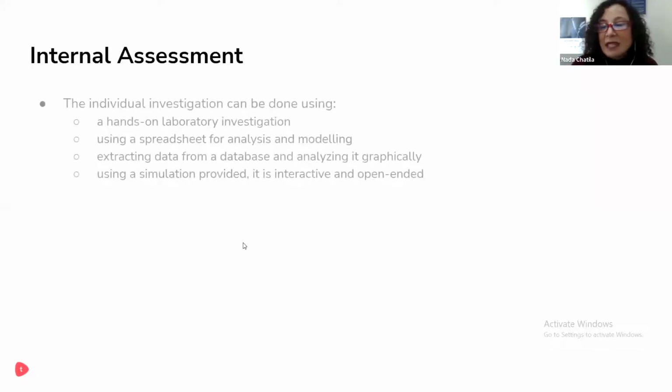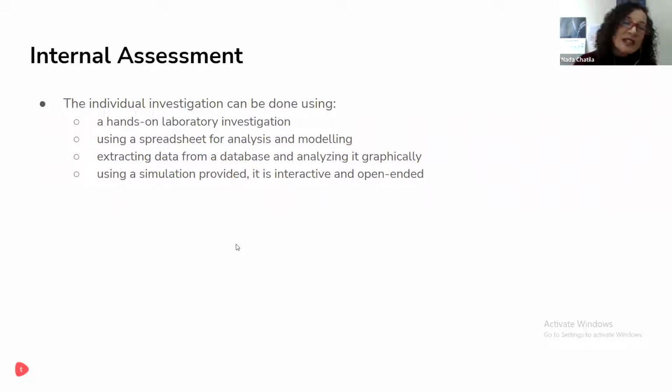The internal assessment, like the investigation, can take different formats. The most common one is the hands-on laboratory investigation, but we have also seen a rise in the use of simulation-based IA. The IB has requirements for the simulation and what type of simulations can be useful for the IA, and you can find these in the teacher support material.